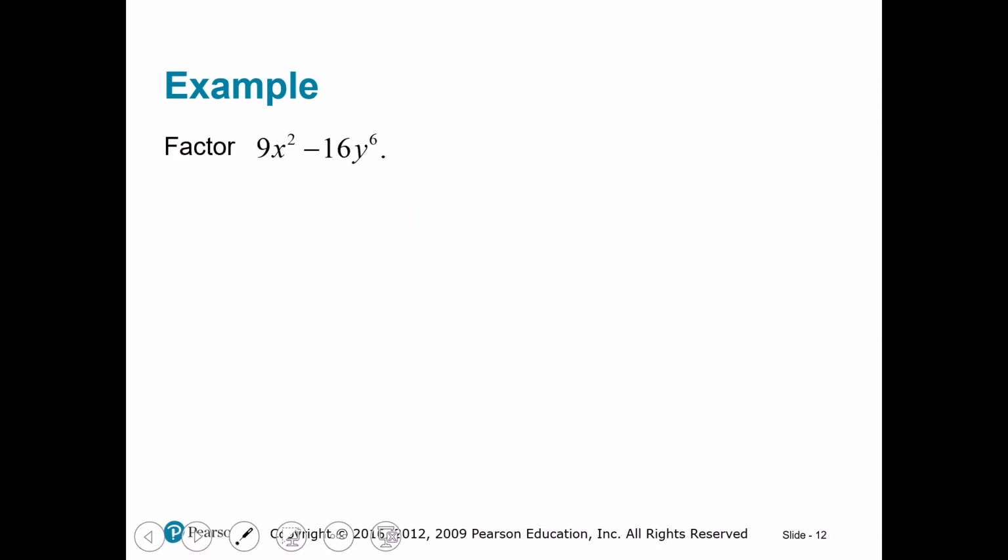What about this one? Factor 9x squared minus 16y to the 6. Once again, I want the a squared minus the b squared.